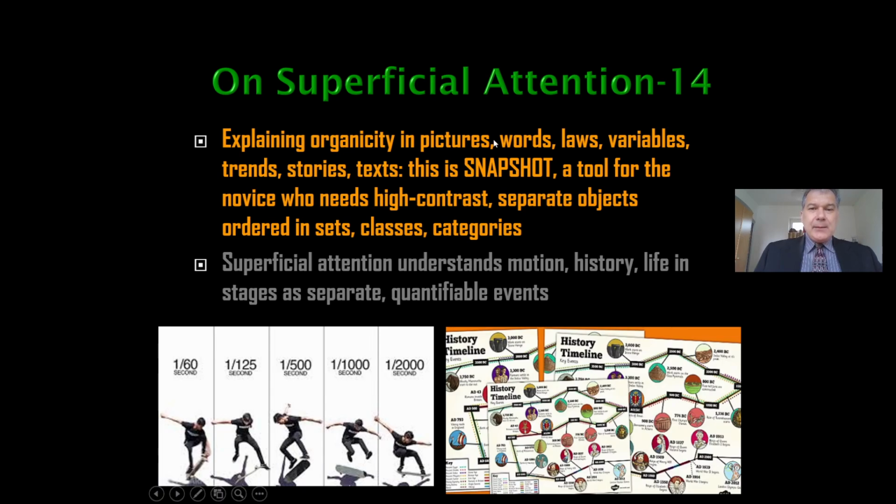Explaining organicity in pictures, words, laws, variables, trends, stories, texts. This is a snapshot, okay? So, this is a snapshot, this is a snapshot, and this is, and this is, okay? But these high contrast separate objects, called snapshots, or in history they are called facts, or events, they are not telling you the whole thing.